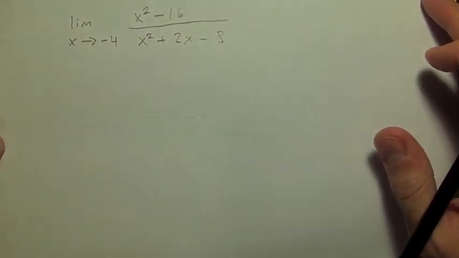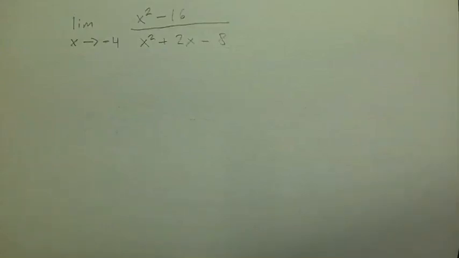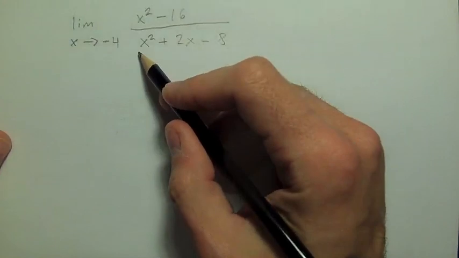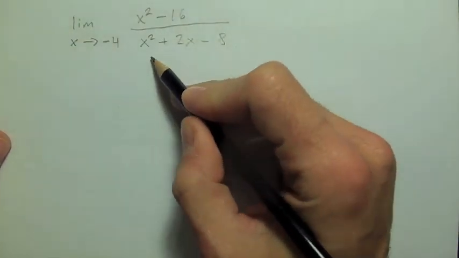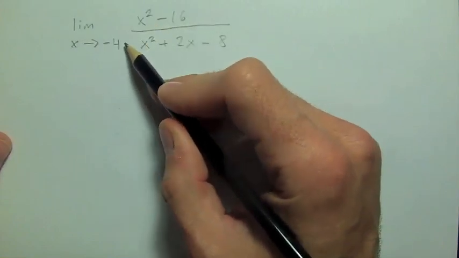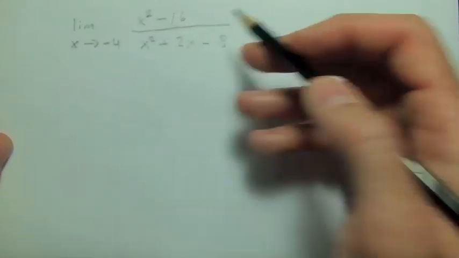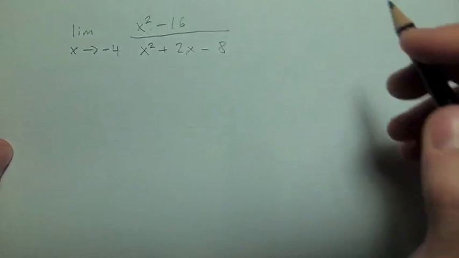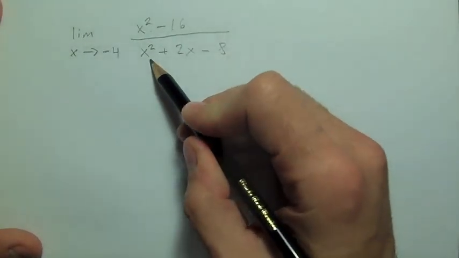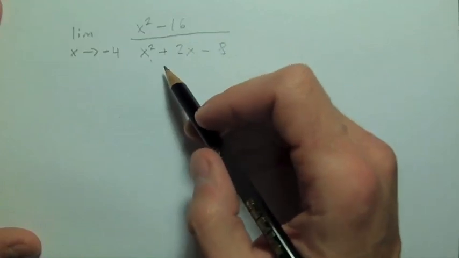So for this one, what we have to be careful about is when we check our denominator. Well, first of all, if I plug negative 4 into the numerator, negative 4 squared is 16. I get 16 minus 16, so the top ends up being 0. And then the denominator, we're going to get a similar problem.